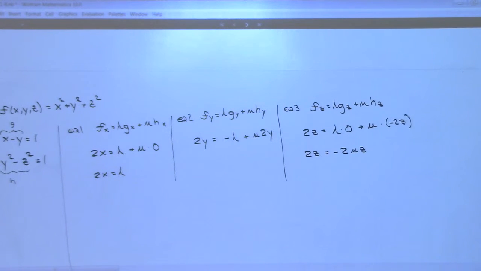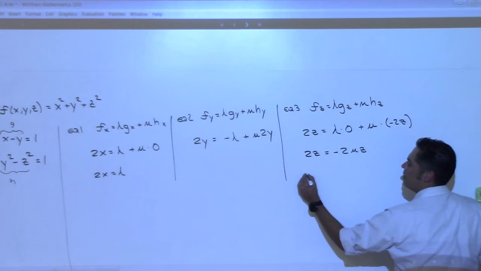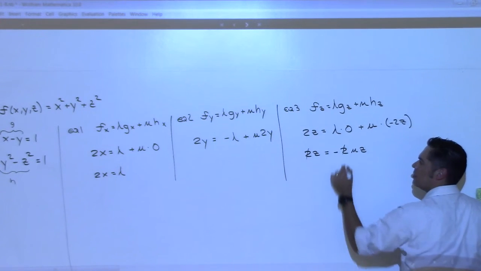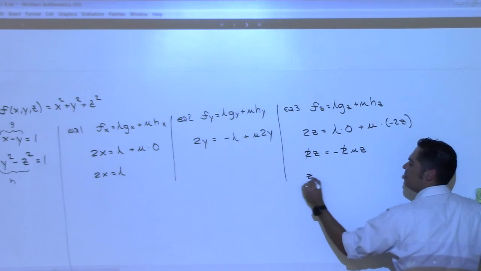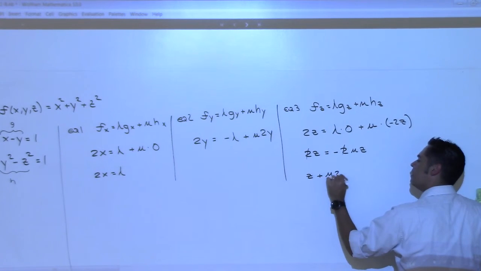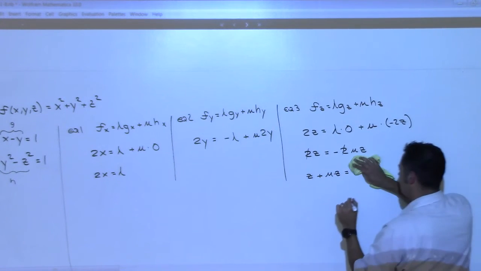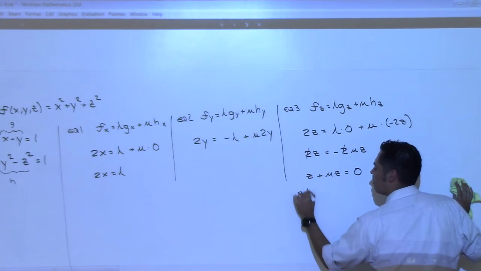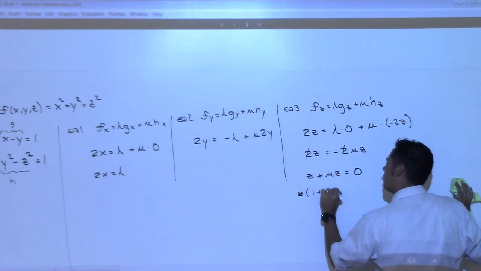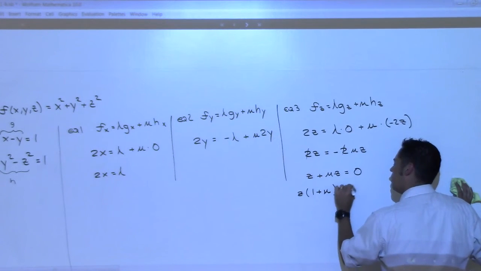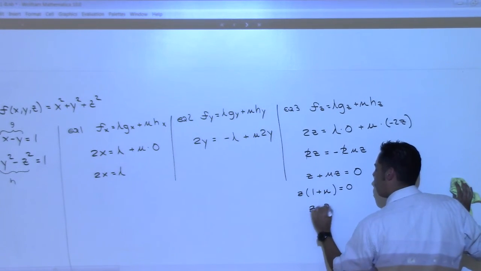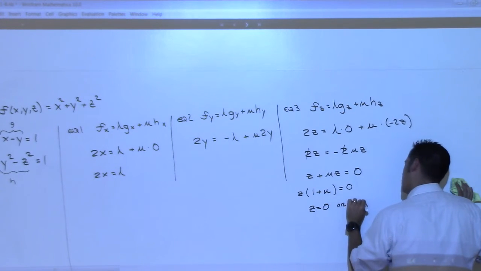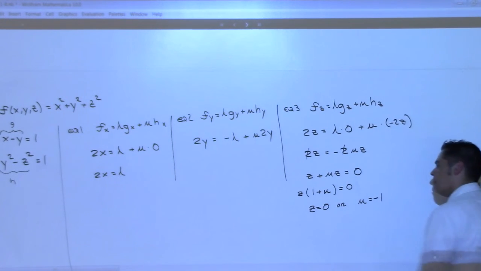If I move everything to one side, let's get rid of the 2's. Z plus mu z equals 0, right? And then factor out a z. Yeah, we can have z equals 0, or mu could be -1.